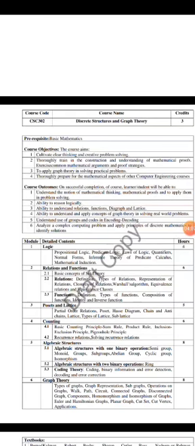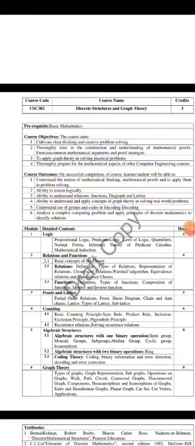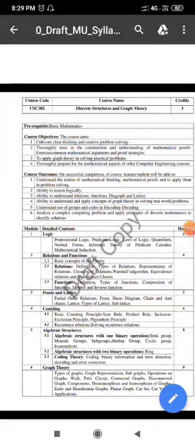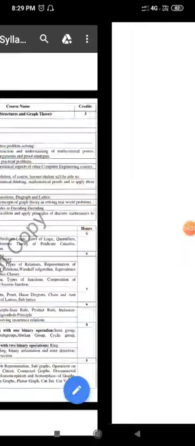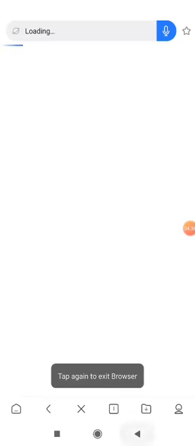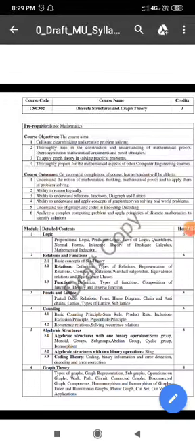Next is the ability to understand relations, functions, digraphs and lattices. Next, the ability to understand and apply concepts of graph theory in solving real world problems. Next, understand the use of groups and codes in encoding and decoding. Then analyze a complex computing problem and apply principles of discrete mathematics to identify solutions. So they have mentioned these outcomes.